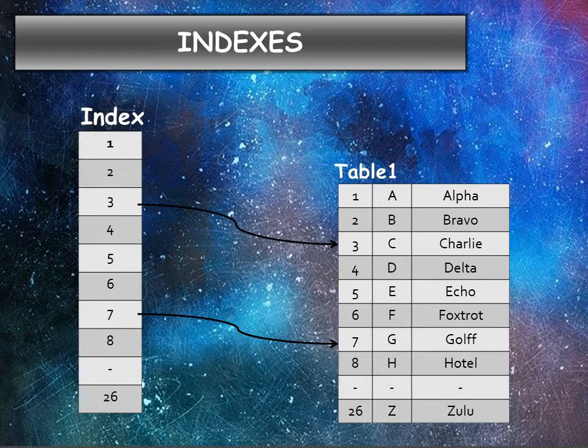It is somewhat similar to that. A book index contains page numbers. Similarly, a database index has a pointer to the row, and that row contains the value that you are searching for in your select statement.